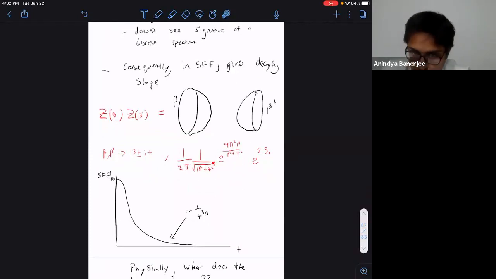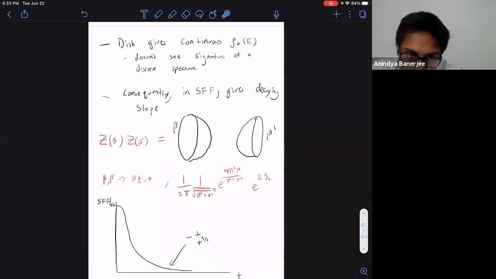There's this one-loop term, which for the 2 copies combines into 1 over the square root of beta squared plus t squared, cubed. And then there's this thing up here from the actions, and it's all multiplied by e to the 2 S naught. So this thing decays in time. For large time, it decays as a power of 1 over t to the 3/2 because of this term here. It's a slow decay, but it nonetheless is a decay.